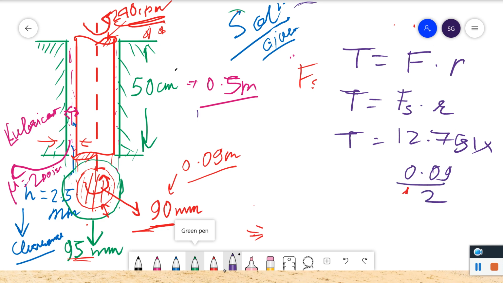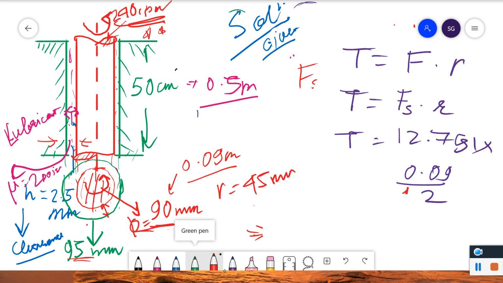This is the R, isn't it? We are concerned about the cylinder, and this is the diameter. Diameter is equal to 90 mm, so R is equal to 45 mm. So it's just 0.09 upon 2, which comes out to be 0.5756 Newton meter.